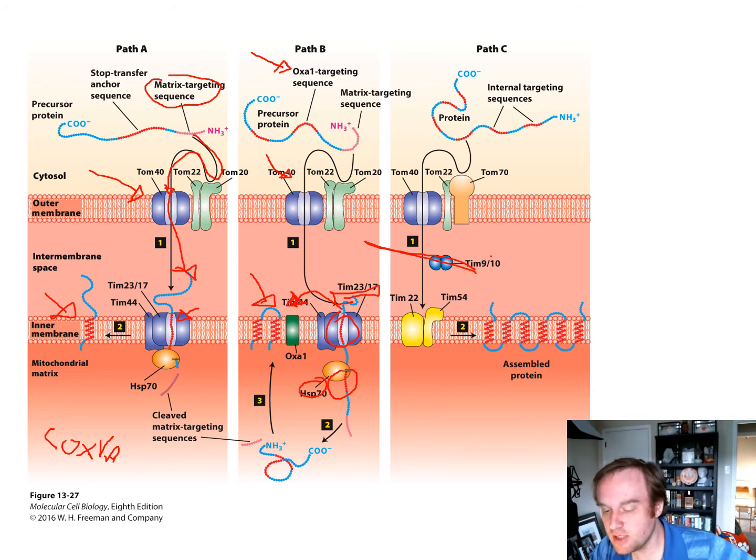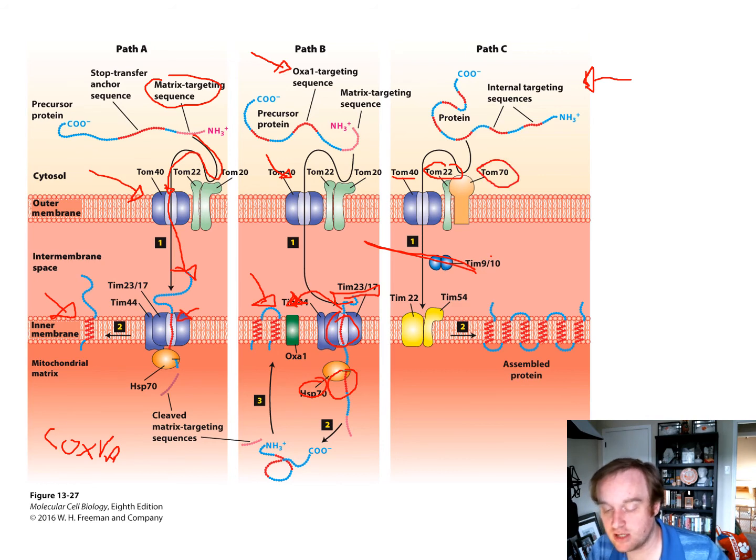And then path C we know a little bit less about compared to path A and path B, but we'll talk about it here. So these are proteins that don't have a matrix targeting sequence. Instead, they still get imported through by TOM40, but instead of with 22 and 20, they use TOM22 and TOM70.